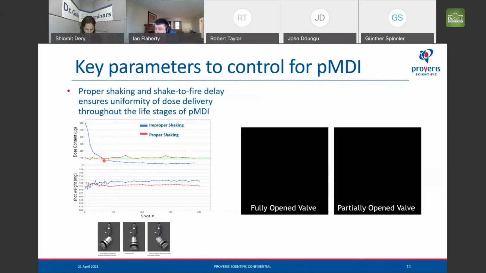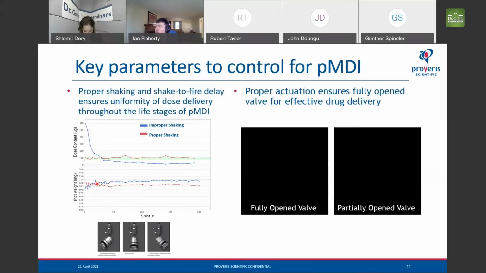And then after that, you've essentially used most of the API up, so the rest of your shots are going to be much lower than intended dose. As you can see, shot weight doesn't change because you're still getting excipients and other things expelled with each shot. The valve itself is metered, so ensuring proper distribution of drug is very dependent on shaking.